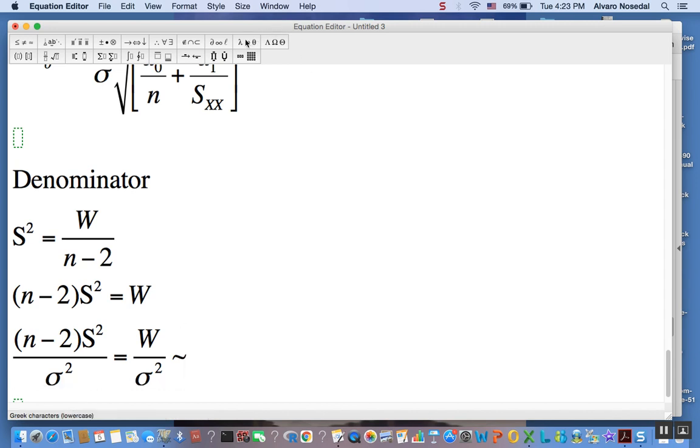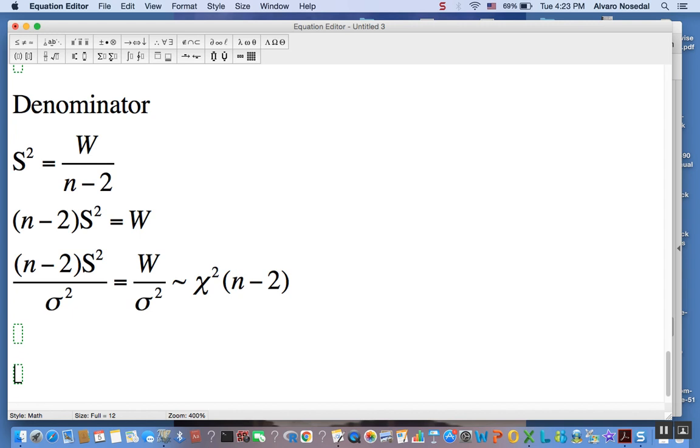This has a chi-square distribution with n minus 2 degrees of freedom.